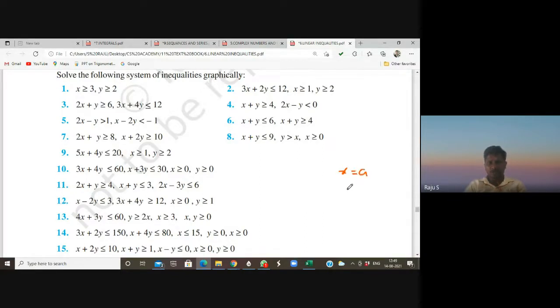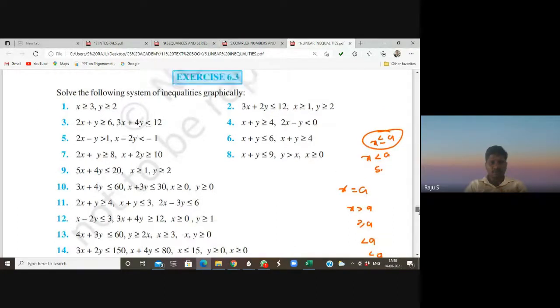Either x is greater than a, or greater than or equal to a, or lesser than a, or lesser than or equal to a. So these are the inequalities. Strict inequality is there, equality is there. x lesser than a means strict inequality. But x lesser than or equal to, we can also say it is an inequality. So now we can solve all these inequalities with the help of graphical representation.